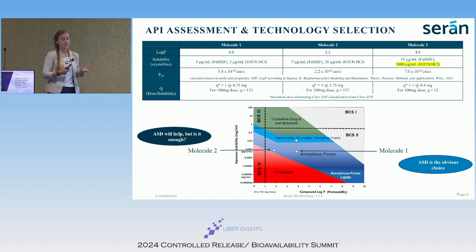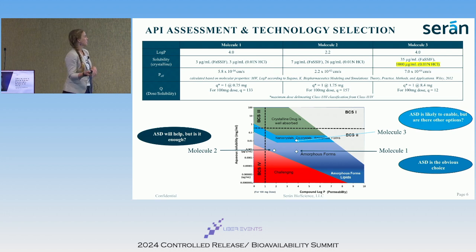And so what that means is that not only do we need to be considering solubility enhancement, but we're right on the edge of needing to consider permeability enhancement. We're still in that BCS class 2, but you can see where we are in that space. We want to keep an eye on that. If we enhance the solubility, we may no longer be limited there, but we might start seeing limitations in permeability. So it's a good thing to be aware of.